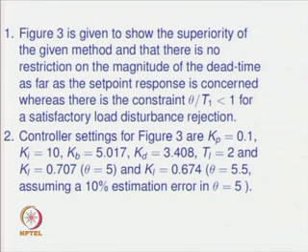So, controller settings for the next figure are Kp equal to 0.1, Ki equal to 10, Kb is 5.017, Kd is 3.408, TL is equal to 2 and Kl equal to 0.707 when theta is 5, and Kl is equal to 0.674 when theta equal to 5.5.